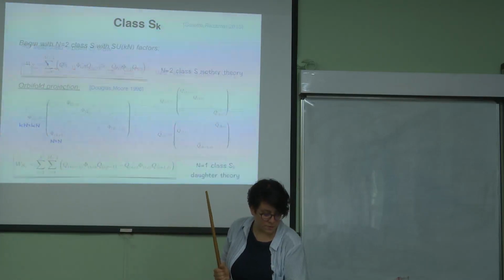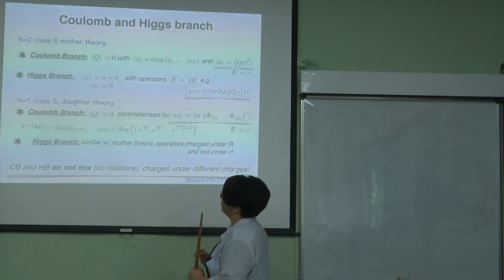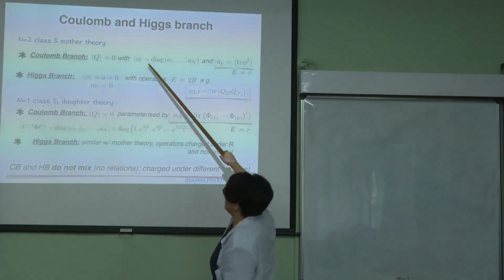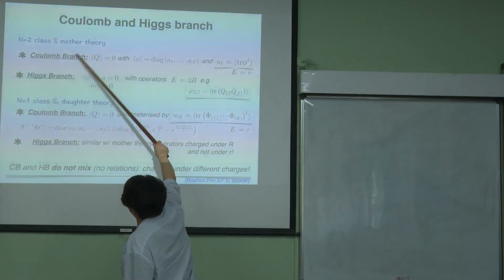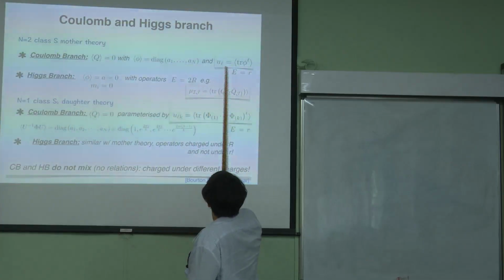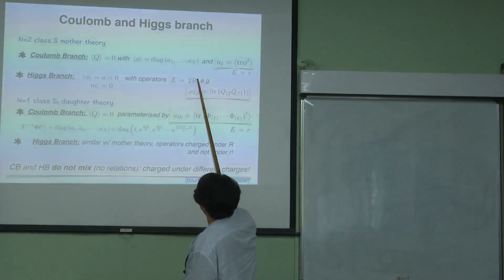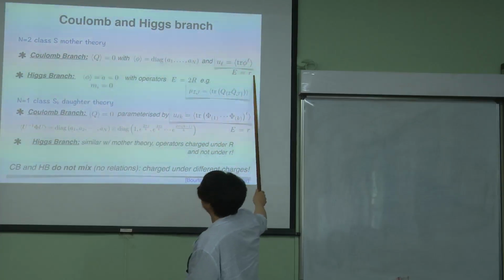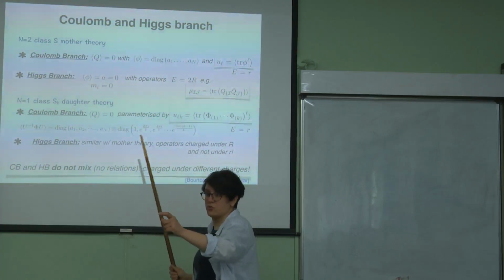Very good. So we have all of this, and this is just a very little comment. I don't want to insist. So in the very first time, I said already what is the difference between the Coulomb branch and the Higgs branch for theories with N equal to 2 supersymmetry. So there is this U1R symmetry and the SU2R symmetry, and the operators of the Coulomb branch are charged under this one, and the operators of the Higgs branch are charged under the SU2R symmetry.